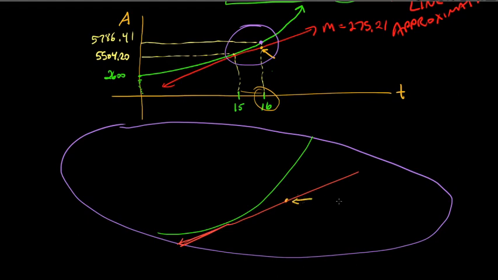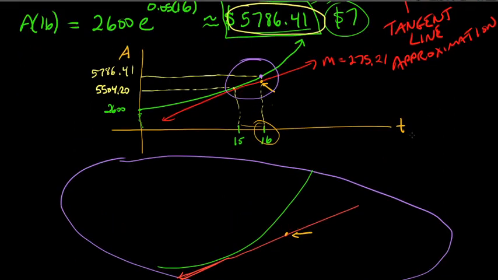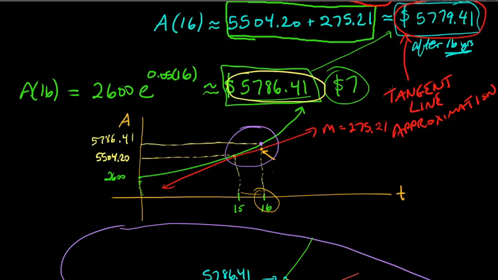The y-coordinate here is going to be 57.7941. However, the exact value, when you go up here, is 57.8641. So this difference here is your $7 difference. That's the error that you get when you approximate using the tangent line.